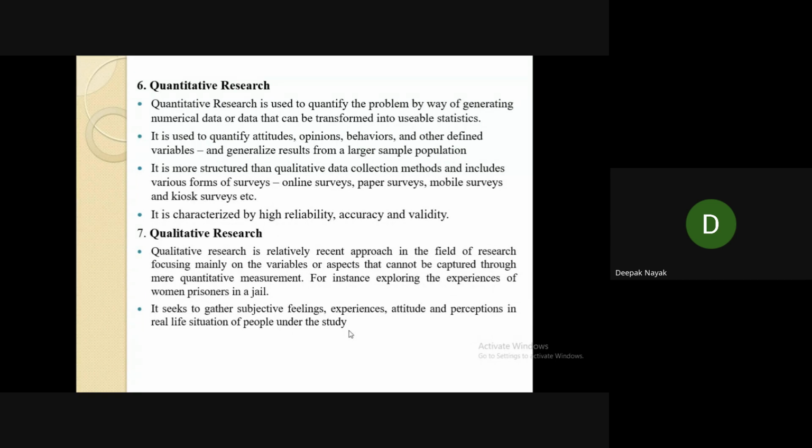When we study, you see, the number of people affected by HIV/AIDS, what is the rate of people affected with HIV/AIDS? What is the number of students?